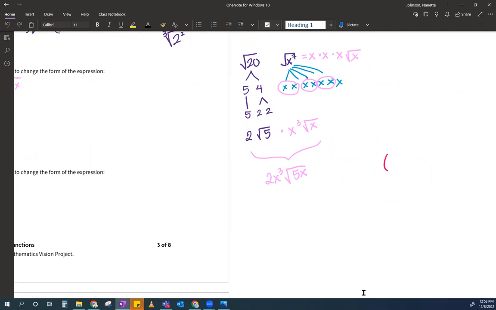This is anticlimactic, you guys. I don't know what to tell you. Oh, there it goes. All right. So what's the difference between this and this? What's the biggest difference that you see?